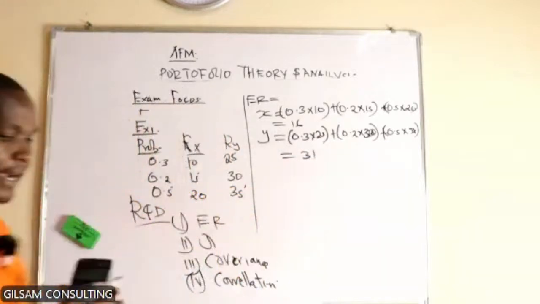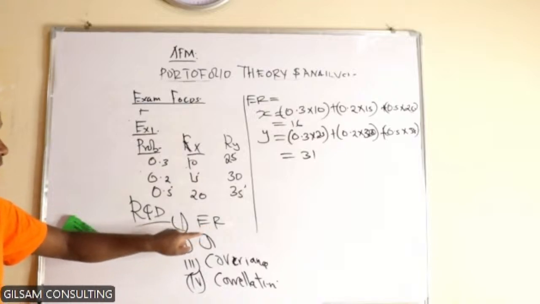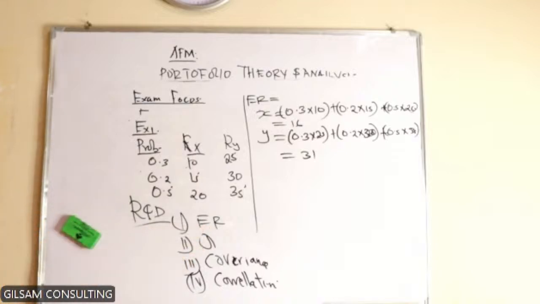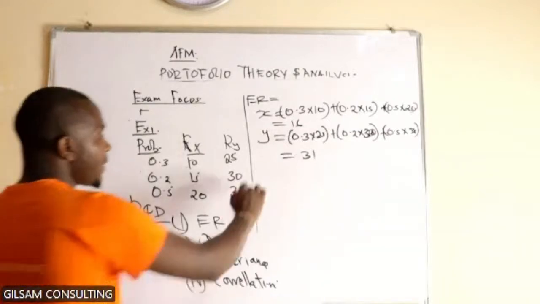So now we have the expected return. Number two, the standard deviation. We cannot get the standard deviation before we get the variance.